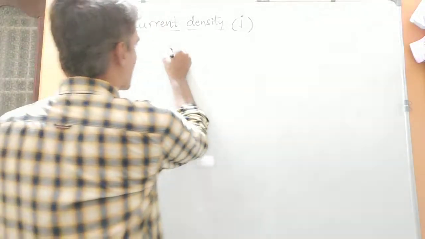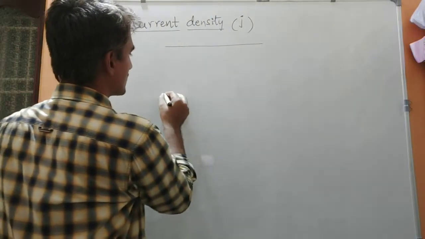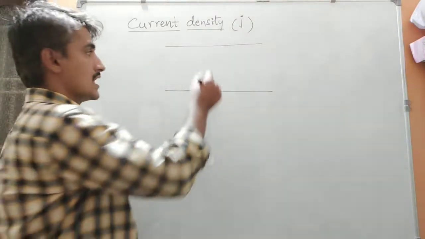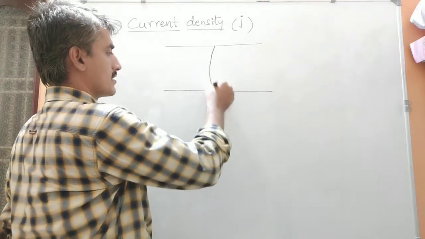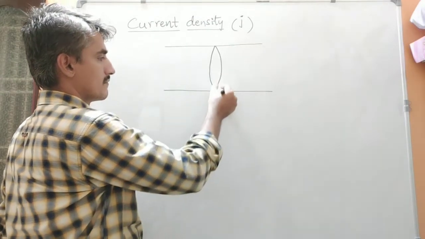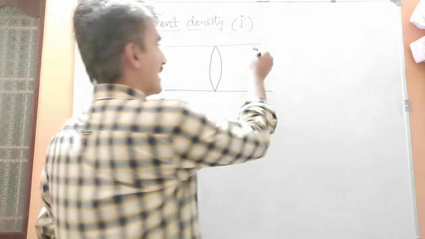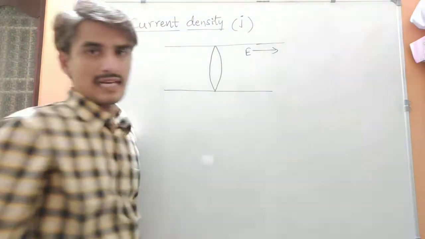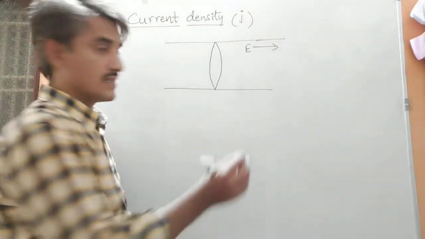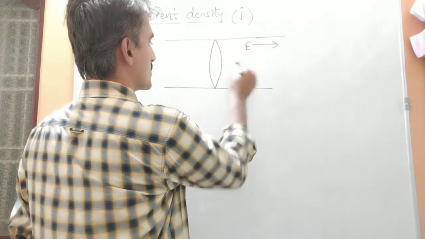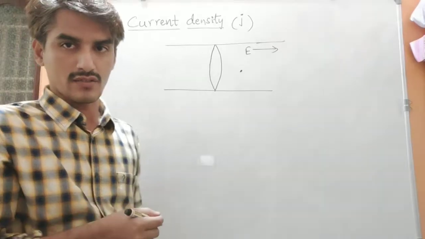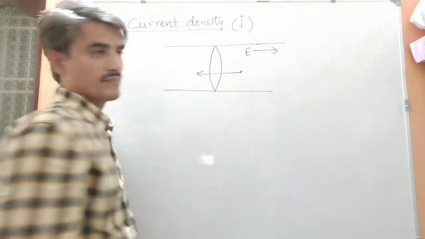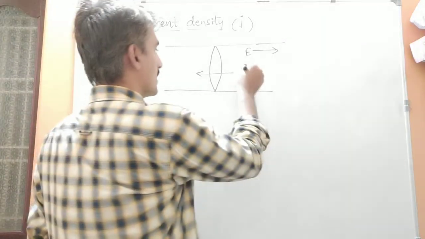Suppose inside the conductor, what we discussed in the previous class is, inside this conductor, if we take a particular cross-sectional area, if there is a net electric field inside the conductor, the free electrons inside will move opposite to the electric field.